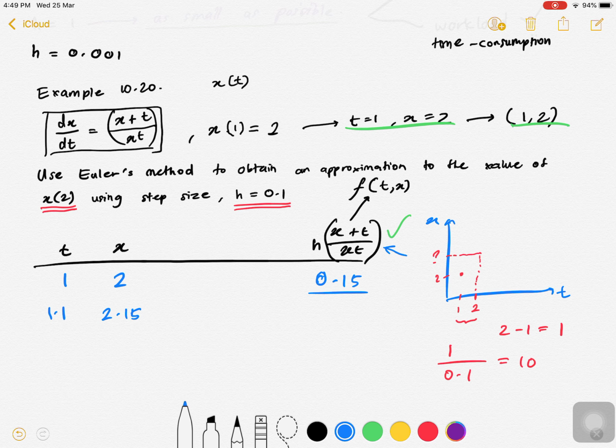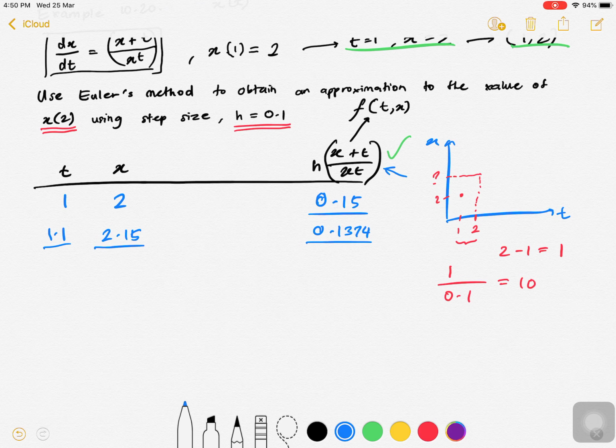So we continue the process. We put these two values inside this equation again, and I will get 0.1374. So t2 is equal to 1.2, because 1.1 plus 0.1 is equal to 1.2.